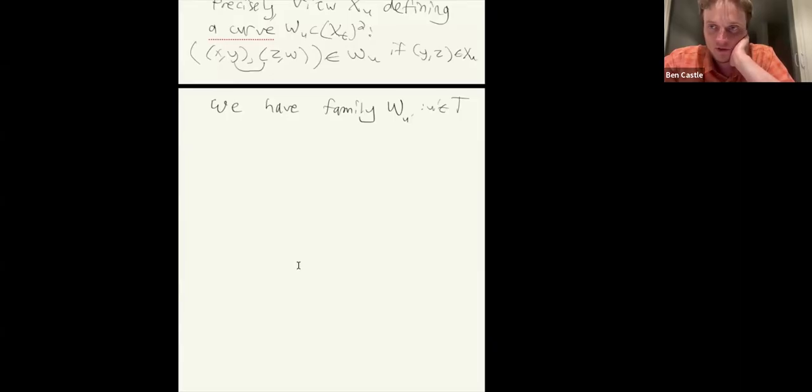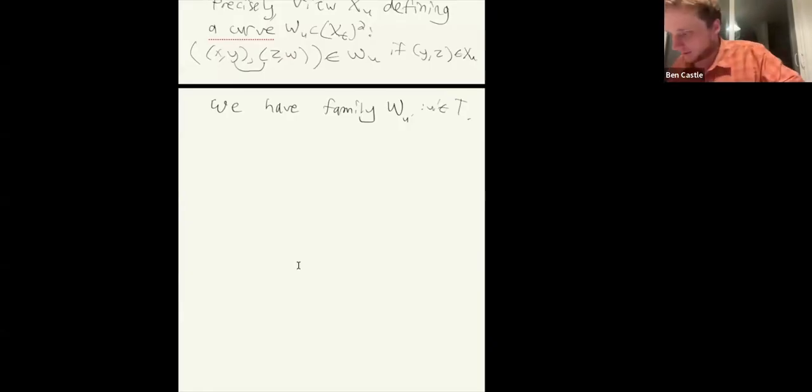And now we're going to show that if you take that collection of WUs and you do the tricks we did before to turn them all into bijections, that the bijections all go between the same two sets. Okay. So let's start that.